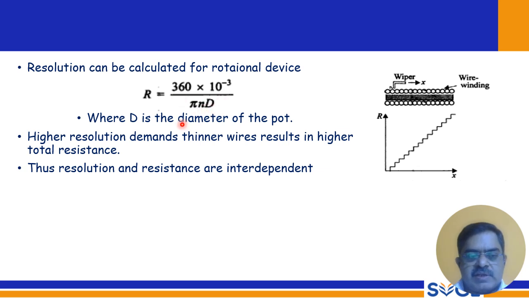So here d is the diameter of the part. Higher resolution demands thinner wires, which results in higher total resistance. Thus, resolution and resistance are interdependent. By seeing this relation, we can say that. So here this is the resolution, and this is the displacement.